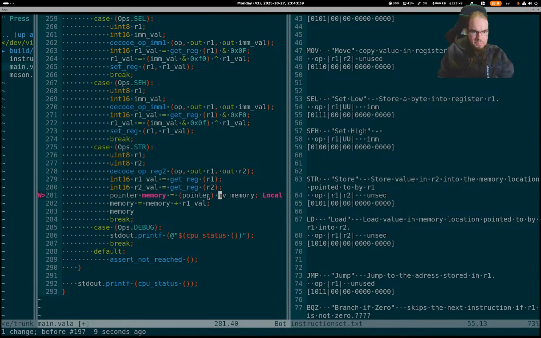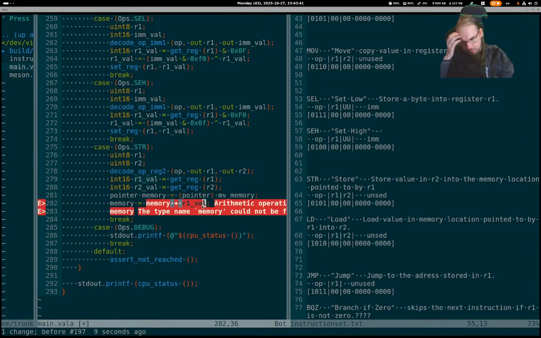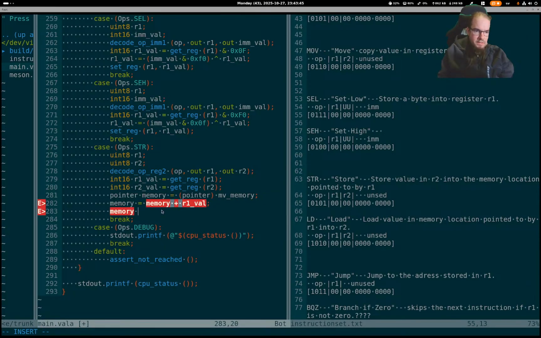Yes, we do need to do that, don't we? Because we don't have the actual memory size and stuff. Need to dereference the memory. We need to set that equal to R2 val, right?